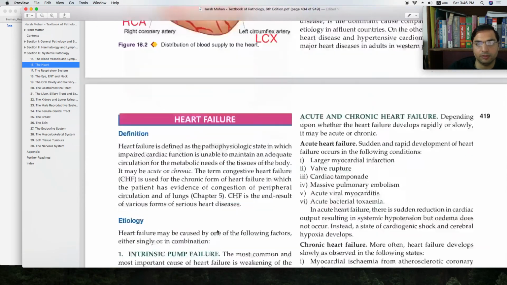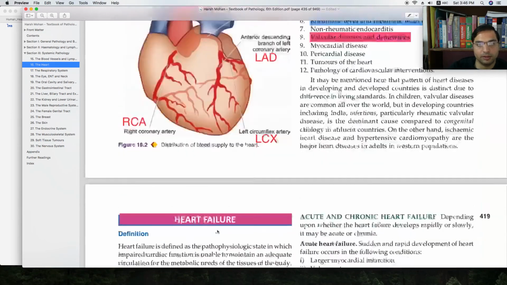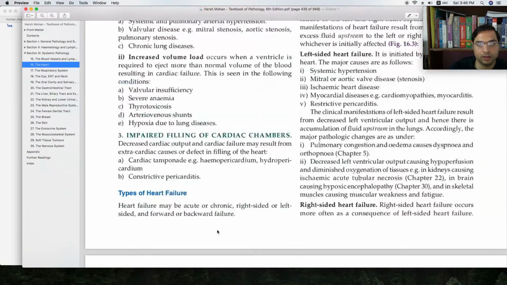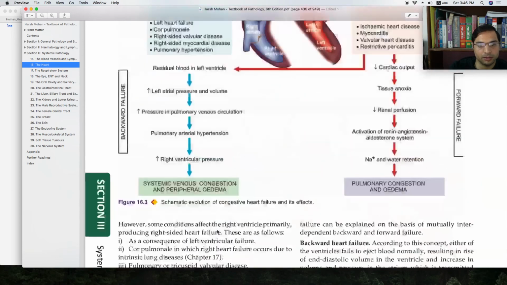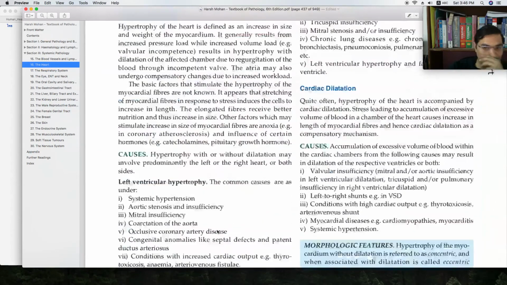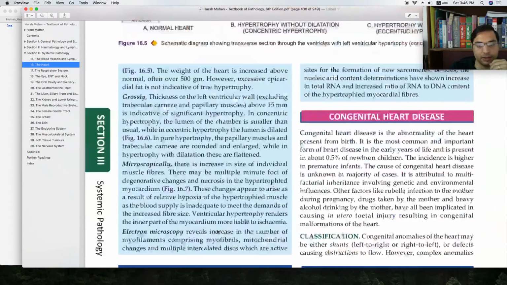There is a cross section here, right? 2/3 of the, where is the cross section?